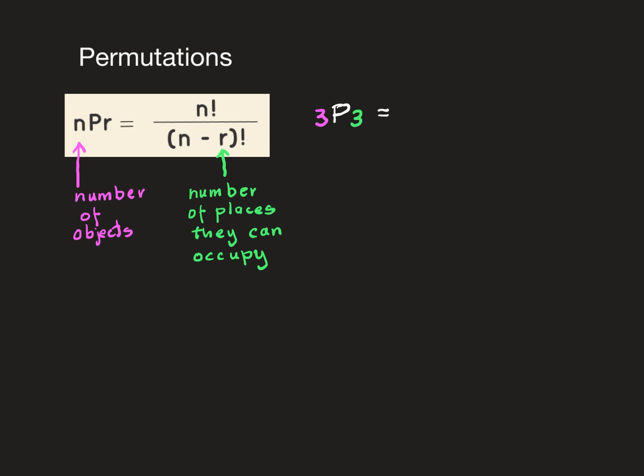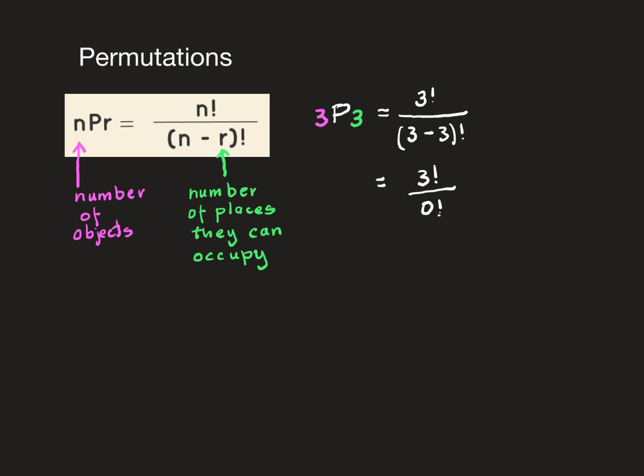So we can put it in the formula and we'll say factorial 3 divided by 3 take away 3 factorial. And that ends up being 3 factorial over 0 factorial.